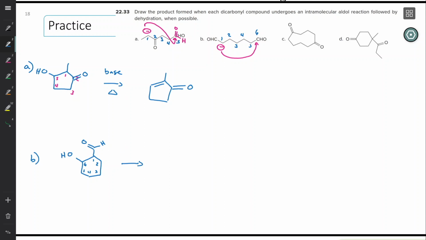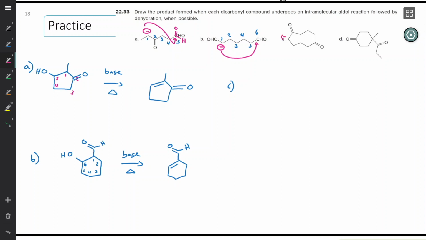And again, with base and heat, then I would get the dehydration product like that. Okay, C is kind of messy. Bear with me here. There are a lot of different enolates that could be formed.